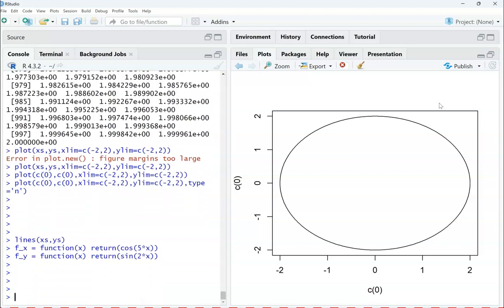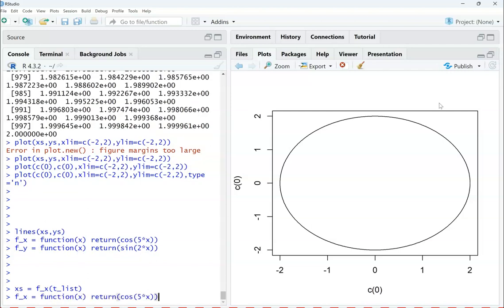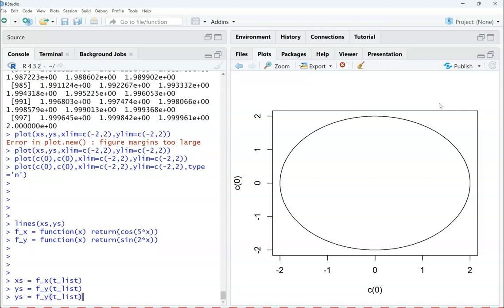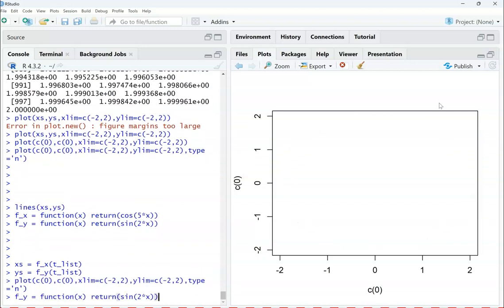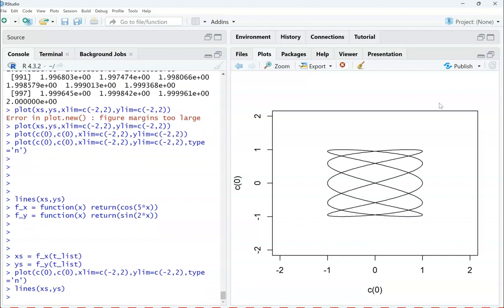So say that our parametric equations were x equals cosine of 5t, y equals sine of 2t, and then I want to plot this. So I'll make my new list of x's, make my new list of y's, make a fresh plot, and connect the dots. And there's a nice parametric graph of that.